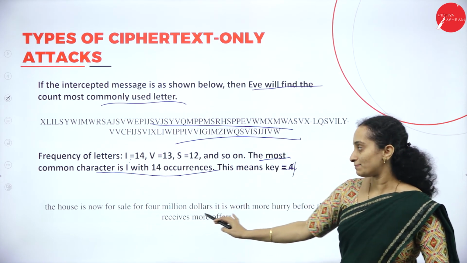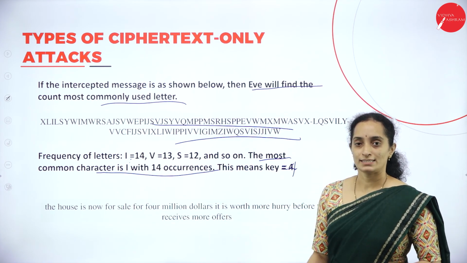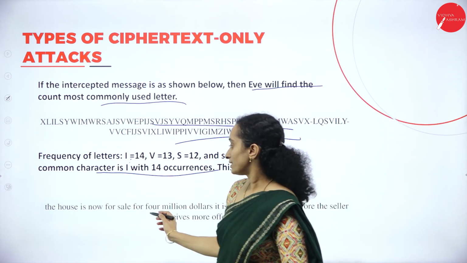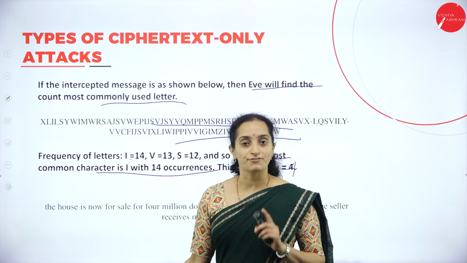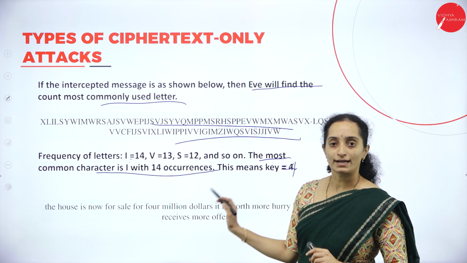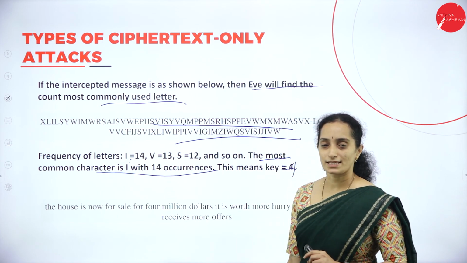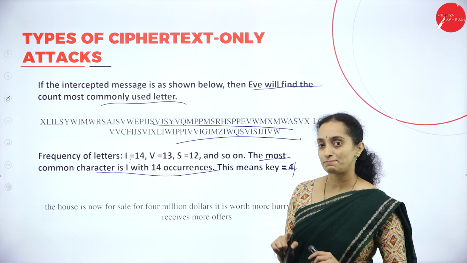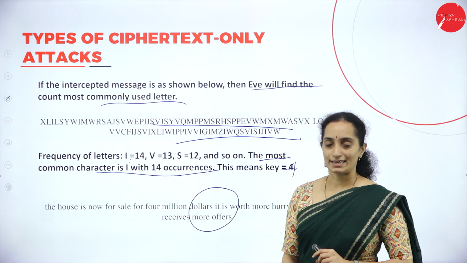Now the message has been decrypted into a meaningful sentence. Once she finds out the key, Eve, the attacker or the adversary, can generate the original message or decrypt the message to its plain text.